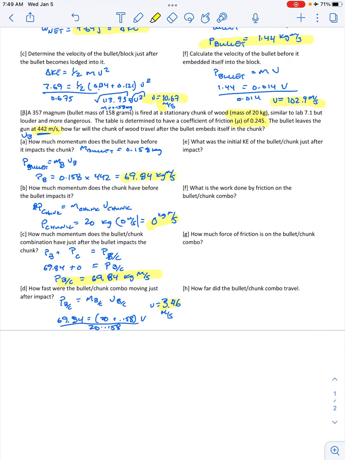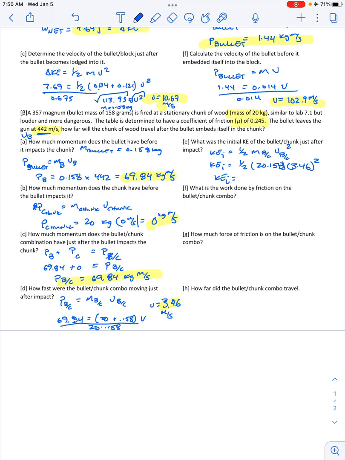What is the initial kinetic energy of the bullet chunk just after impact? The initial KEI is going to be 1/2 m, and again this is the bullet chunk, V of the bullet chunk squared. So our KEI equals 1/2 times 20.158 times 3.46 squared.